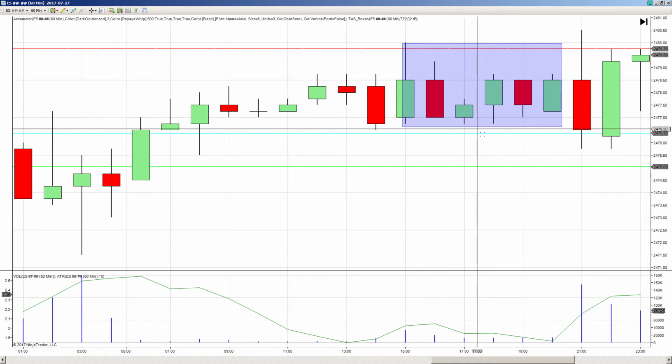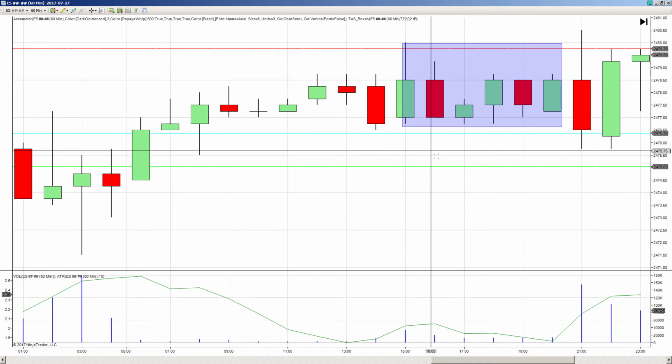Now, there might have been after hours or a whole host of reasons, but we have to take into account that one candlestick moved a great enough distance that it was able to encompass multiple other candlesticks.